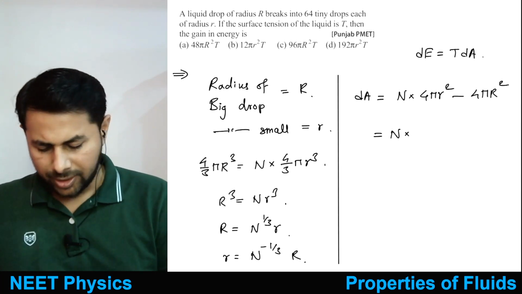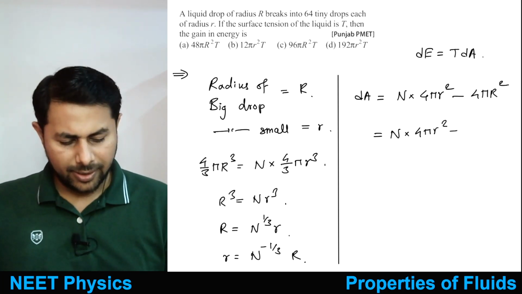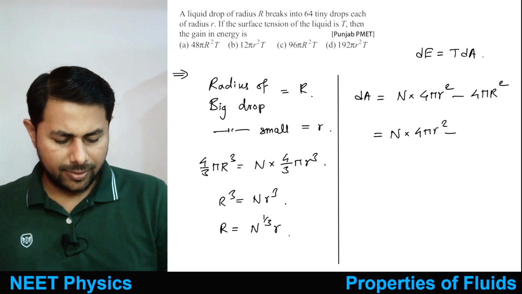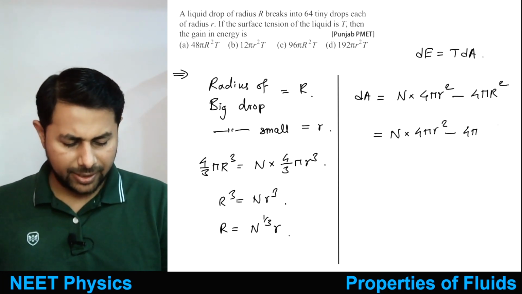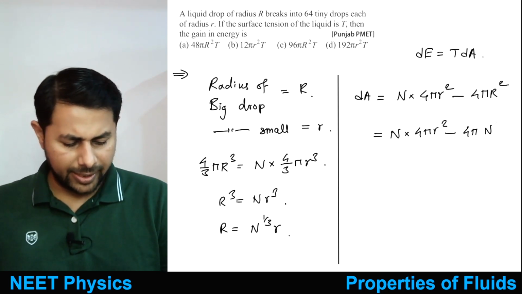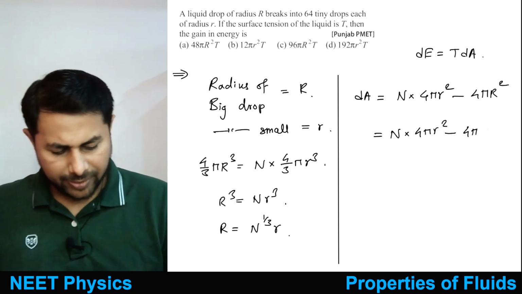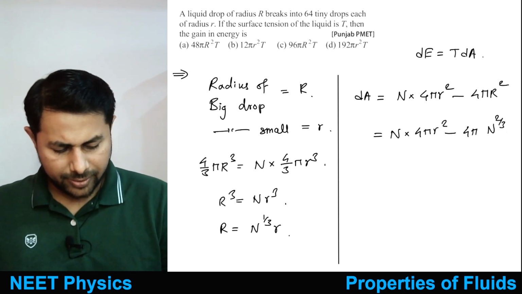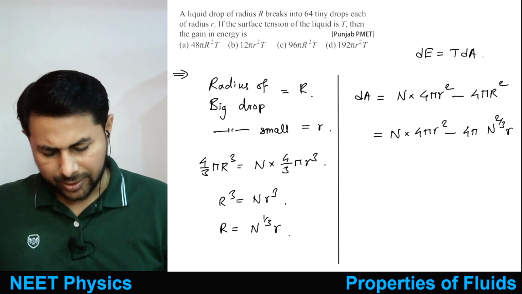So it is n times 4 pi r square minus 4 pi multiplied by capital R, which is n raised to 1/3 of small r, so n raised to 2/3 since we have the square of that, n raised to 2/3 of small r square.